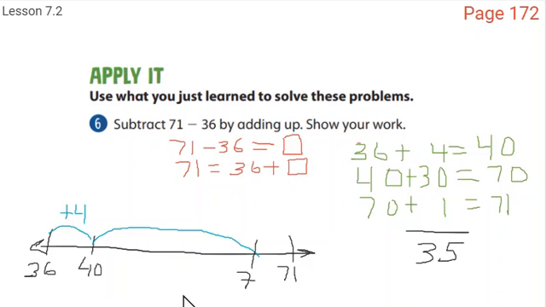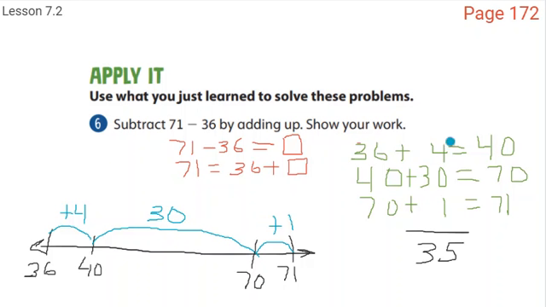Hold on a second. Some of you cross your 7, so I'm just going to take that off. So 70. So we did that plus 4, and then we did plus 30, 40, 50, 60, 70. So that's where we ended off. And then we did a 1 hop, plus 1.